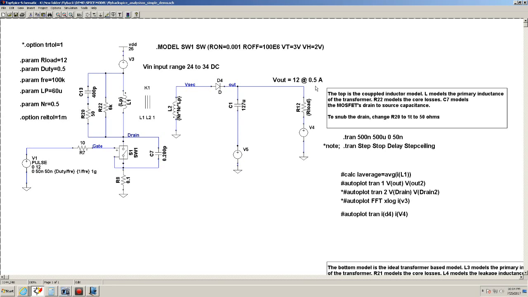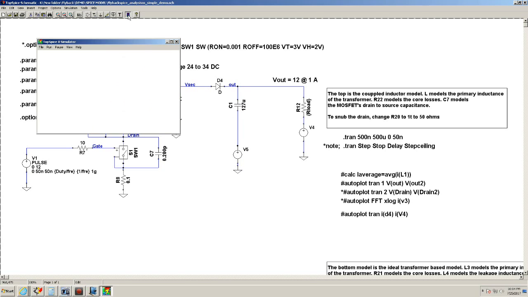So I should have 12 volts coming out of here, and I should have one amp going through this load resistor. This load resistor is defined here, 12 ohms, and the 4 amps peak should be going through this capacitor. So I press run.